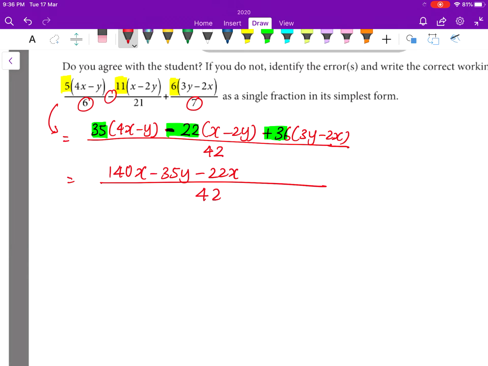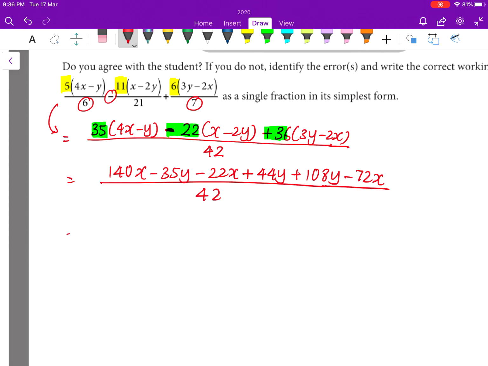Negative 22 multiplied by negative 2y will give you positive 44y. Then 36 multiplied by 3y, we get 108y. And 36 multiplied by negative 2 is minus 72x.